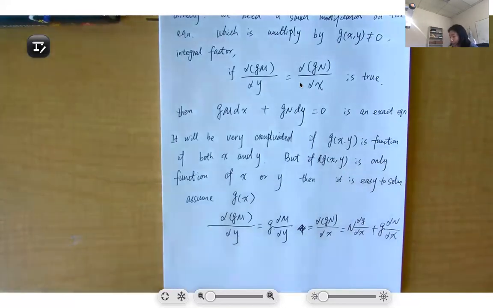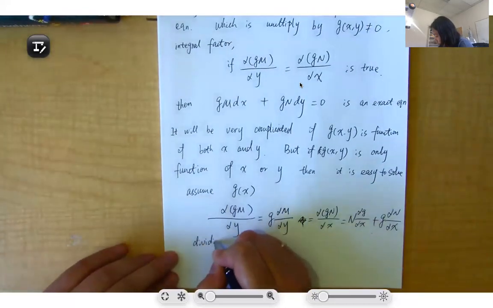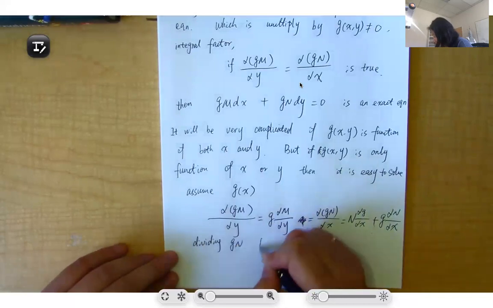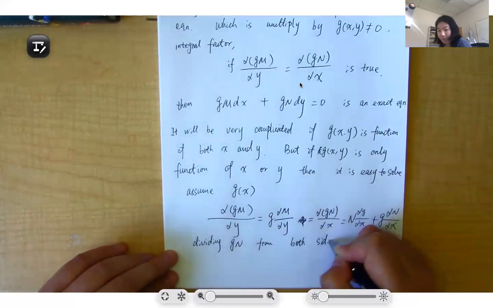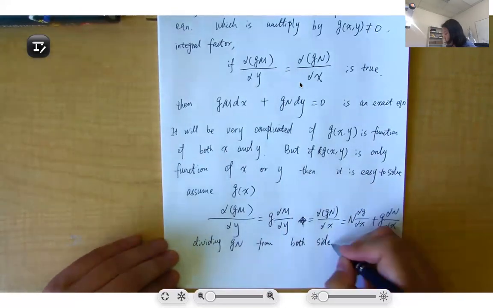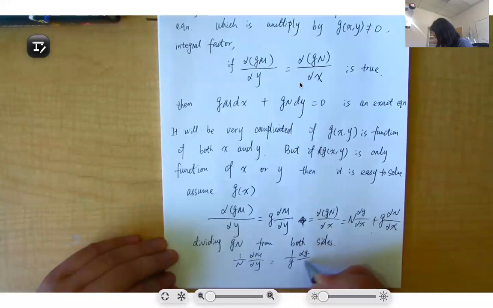Okay, and if we divide gN from both sides, then we have (1/N) ∂M/∂y equals (1/g) dg/dx plus (1/N) ∂N/∂x.